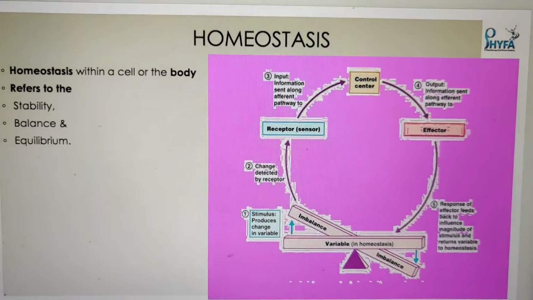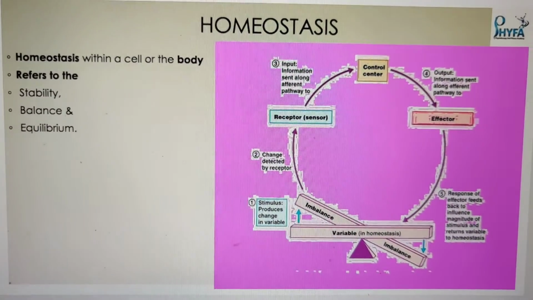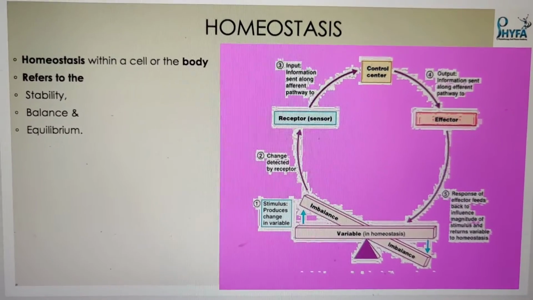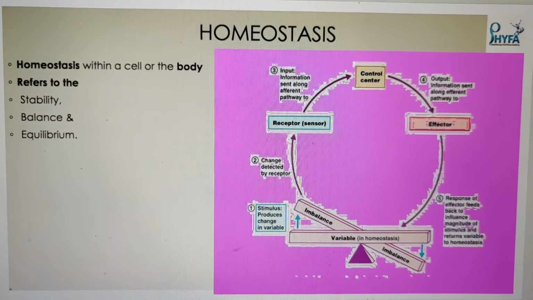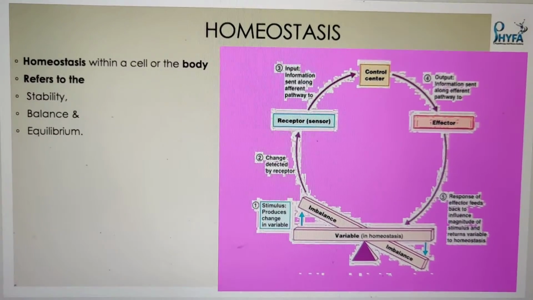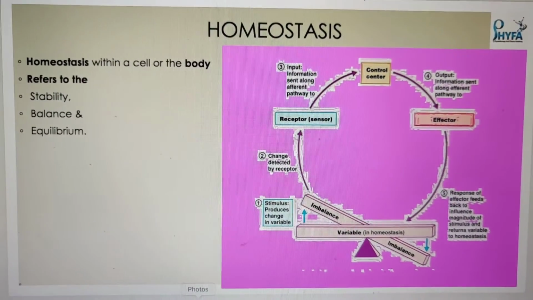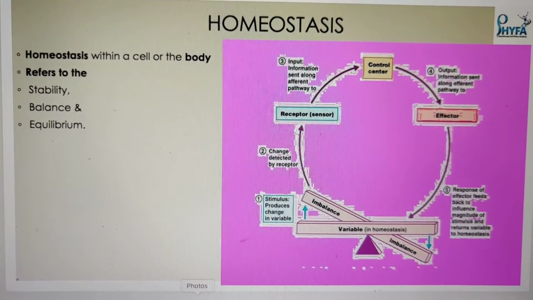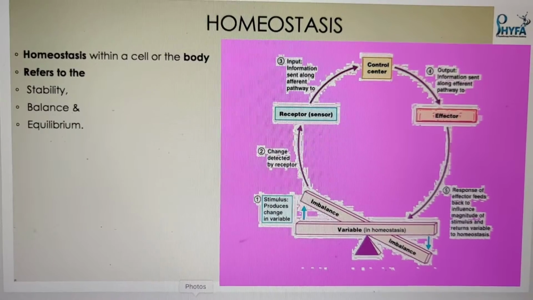See, whenever we go for a workout, what happens is our temperature goes high, we feel hot and we feel thirsty as well. That means something is gone disturbed, something is not in normal range. So who are these disruptors? There are detectors or sensors in our body to detect.